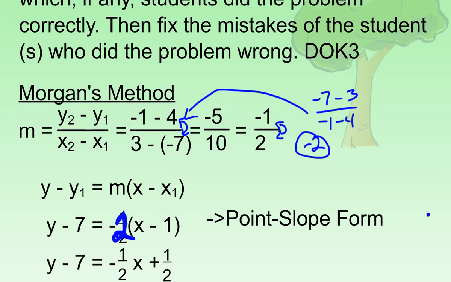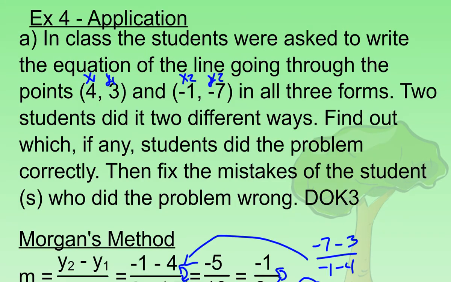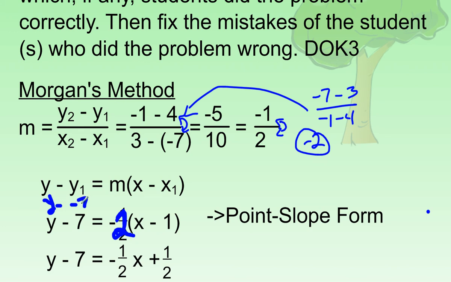It should be y minus the y value. So y minus -7. See? Megan messed up again. A minus a -7 should turn into a +7. And the same thing over here, minus a -1 would turn into a +1.